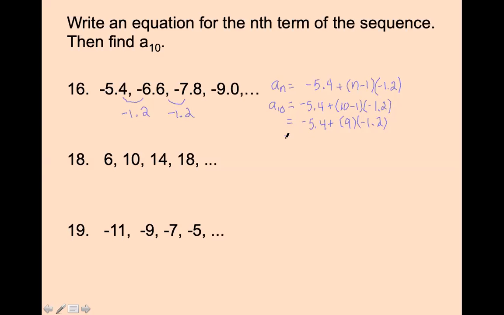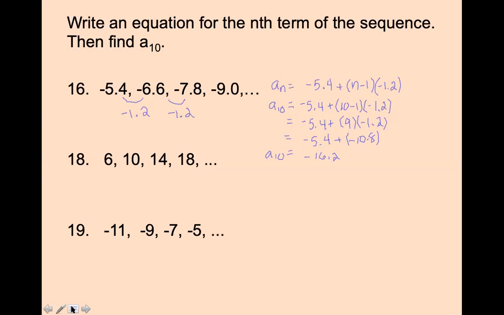So that would give us negative 5.4 plus negative 10.8. And negative 5.4 plus negative 10.8 is a negative 16.2. So that's our 10th term.